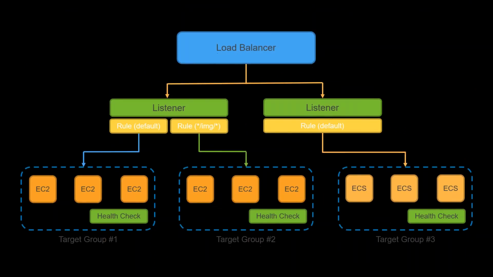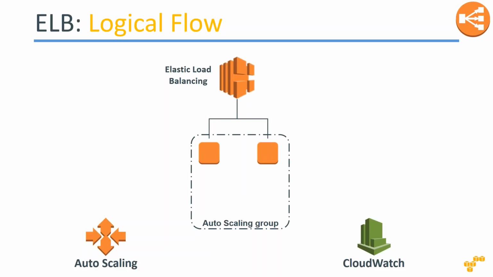So let us go ahead and set up in our dashboard. Before doing that, I wanted to show you how it works with auto scaling. Here is a simple setup, auto scaling with a couple of servers and load balancing in front of that. Let us assume that CloudWatch is also configured, and constantly your load balancer is going to send information on latency from those two servers, and those two servers are going to send the utilization information.